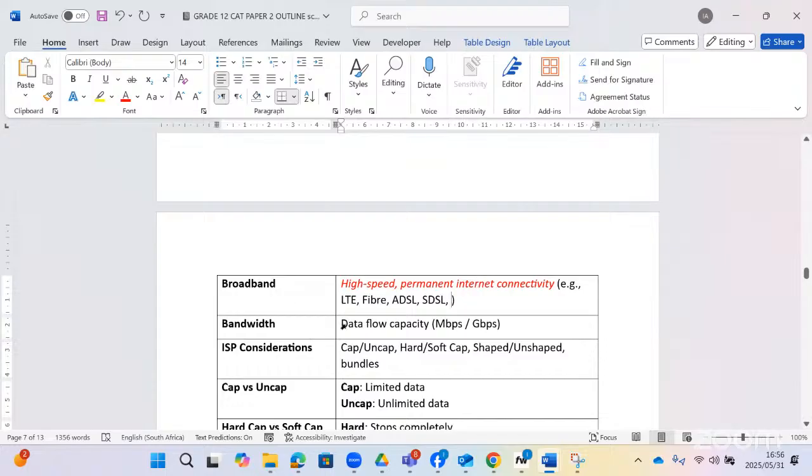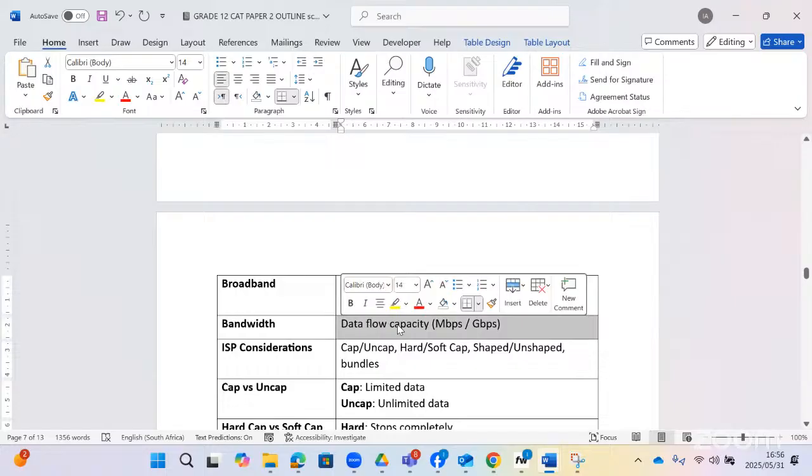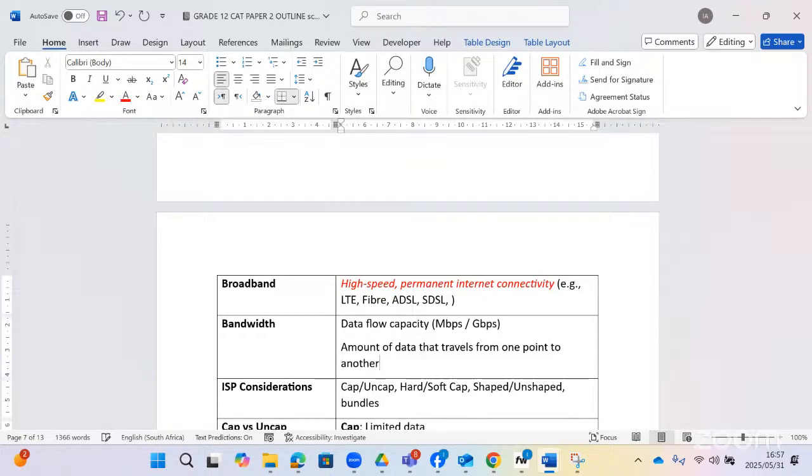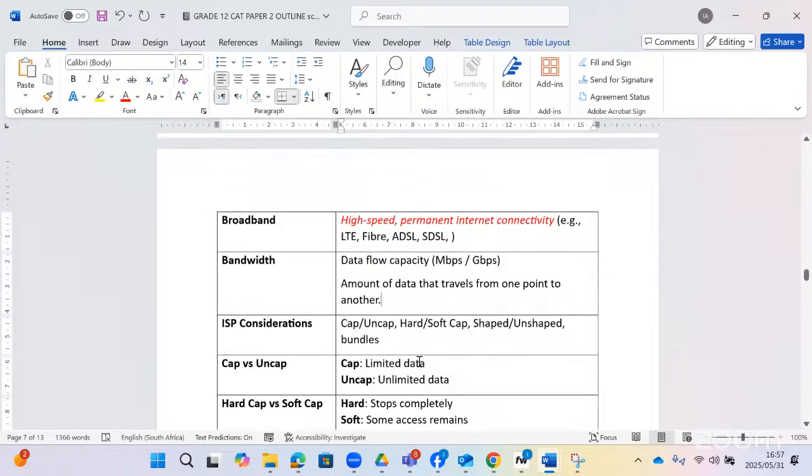But bandwidth is data flow capacity, or you can say the amount of data that travels from one point to another. So that's the bandwidth. Mostly we measure it in megabit per second or gigabit per second. So this is the amount of data that travels, and broadband is a type of internet connectivity.